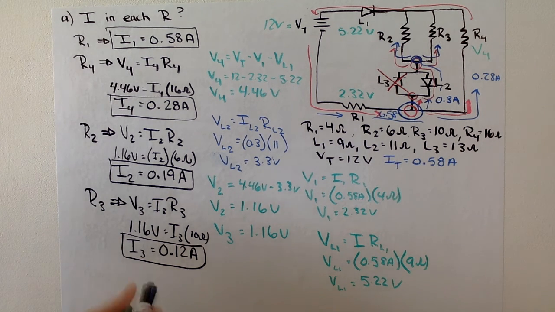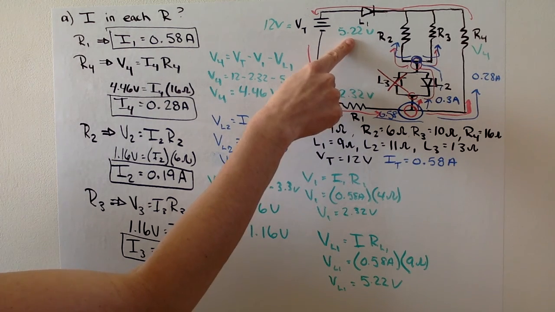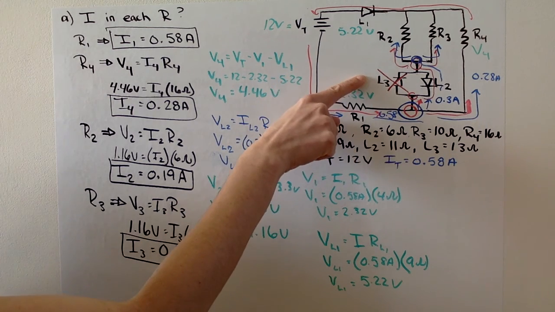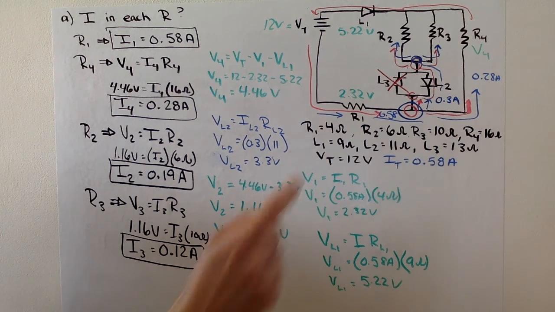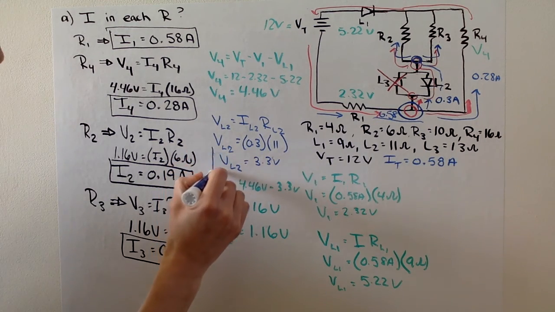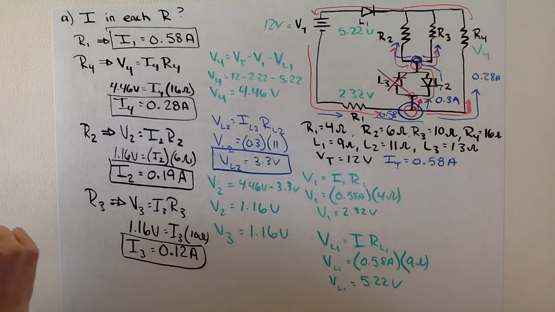So part C asks for the voltage drop over each LED, and I already found that for L1. You know L3 should be 0, and L2 we found here. So for part C, these should be things you've already found.